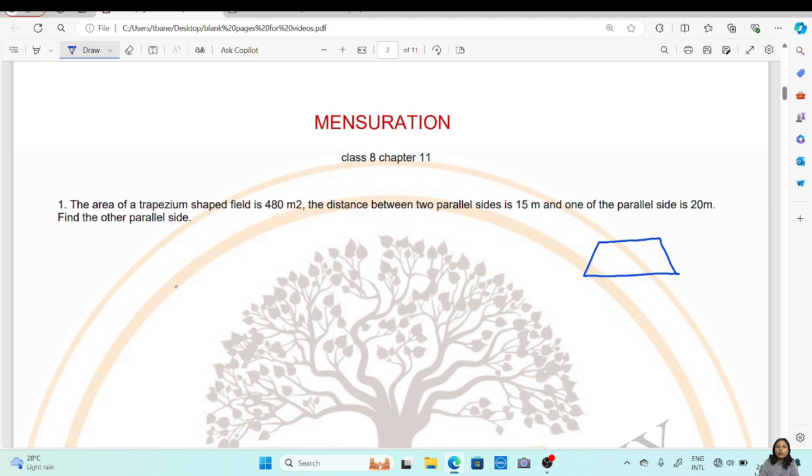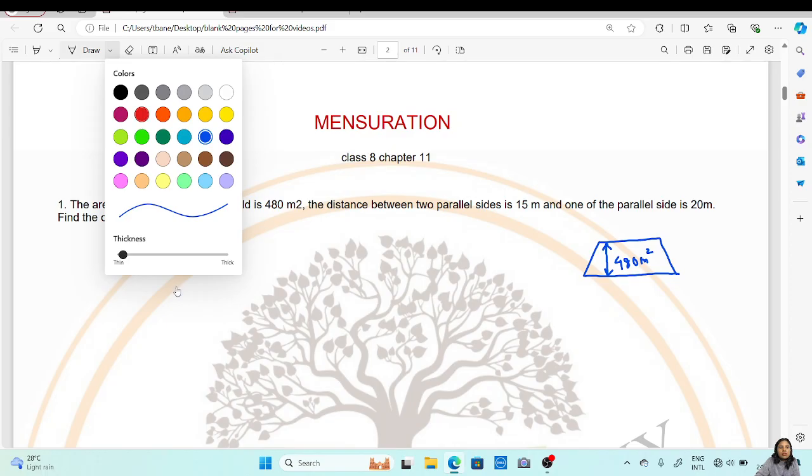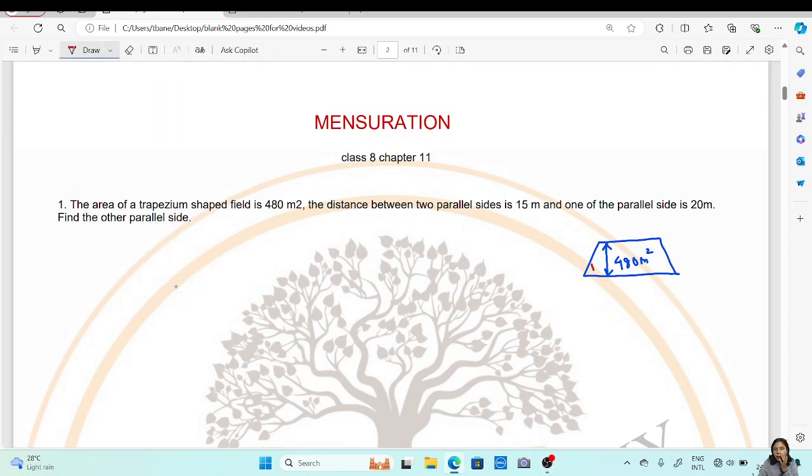The whole area is 480 meter square. The distance between the two parallel sides, this distance over here, is 15 meter. And one of the parallel sides, say consider this side, is 20 meter. Now what they are asking us to find is the length of this side.